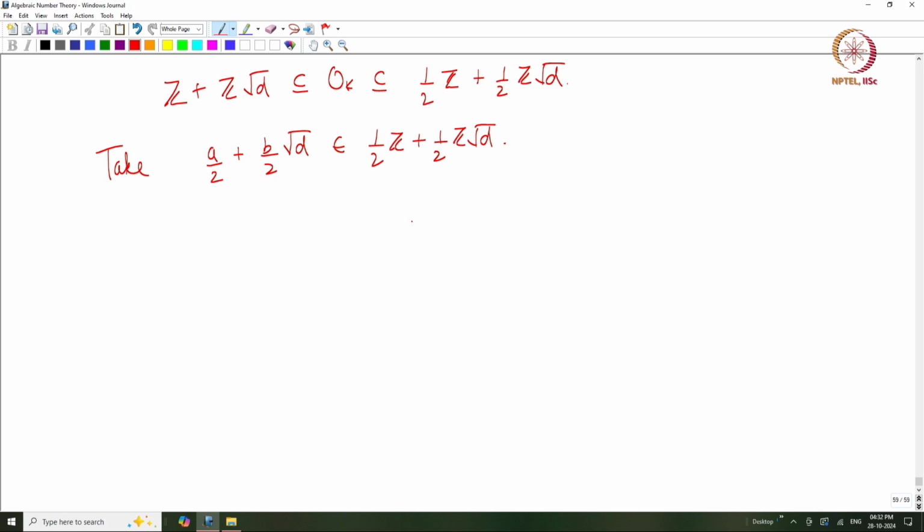Of course, a and b could be even, and then a by 2 and b by 2 will also be integers. So, let me take this to be alpha. So, what is the monic polynomial of alpha? You take alpha minus a by 2 squared, this is b squared by 4 times d, right.